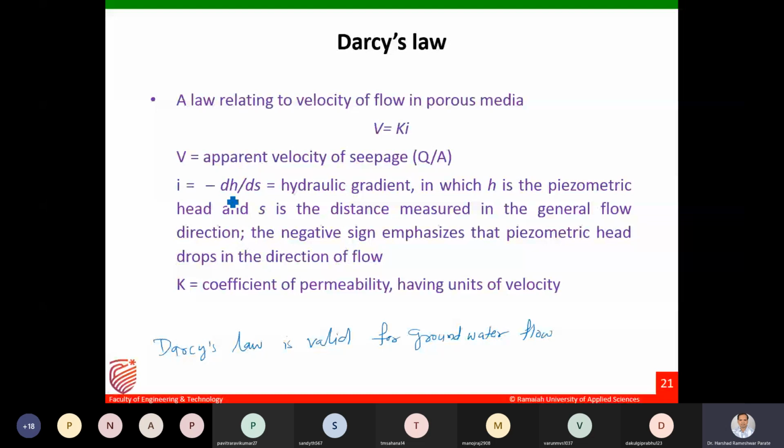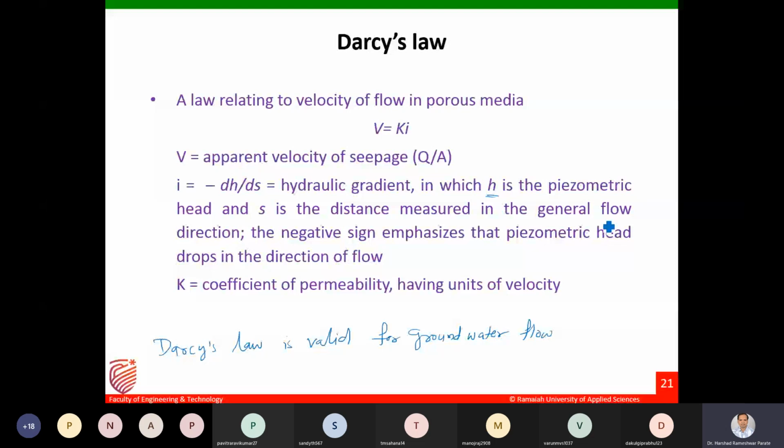Here H we call the piezometric head, which is nothing but your groundwater level, and S is the distance measured in the general flow direction. The negative sign emphasizes that the piezometric head drops in the direction of flow. So I think you are aware of Darcy's law, V is equal to K into I. This is what we apply in the groundwater system.